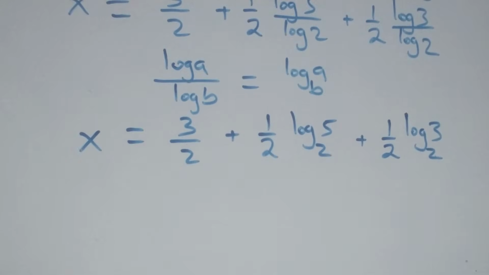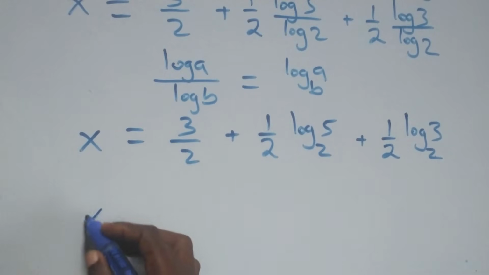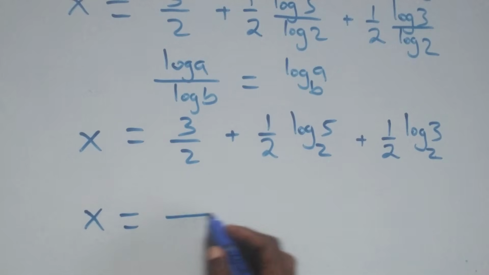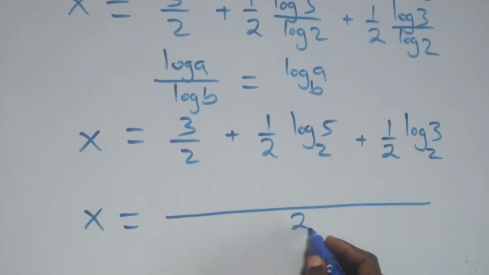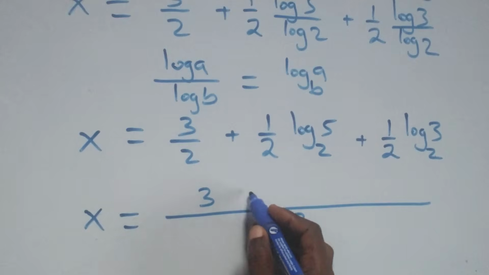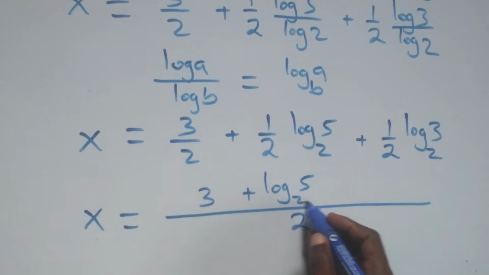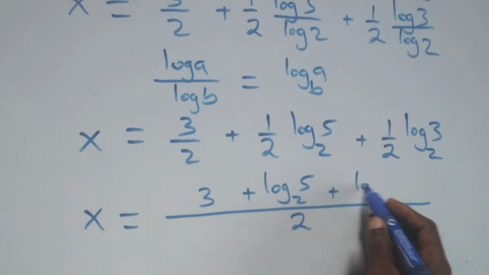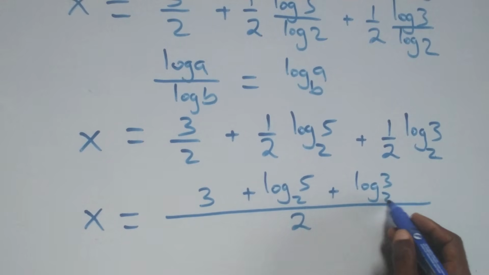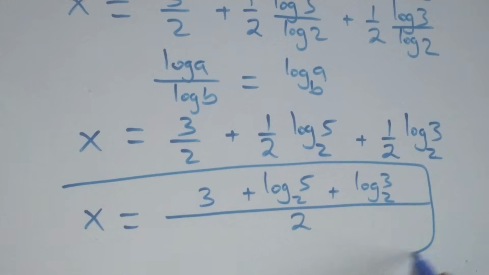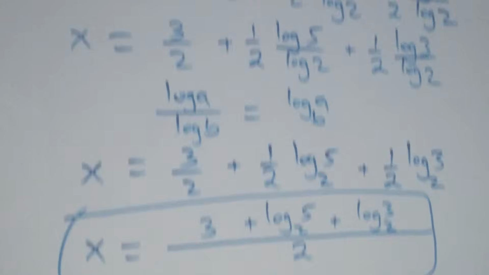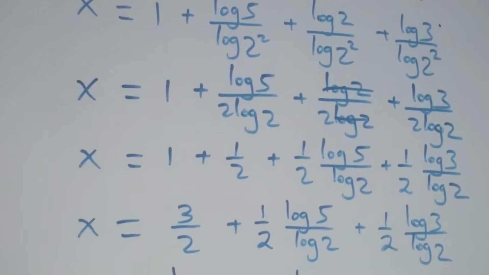And we bring this together as one fraction. We have x equals, the LCM here now, that's 2. So here we have 3 plus log 5 base 2 plus log 3 base 2, all over 2. So we have the value of x in this given problem. Then we can check if this satisfies this problem.